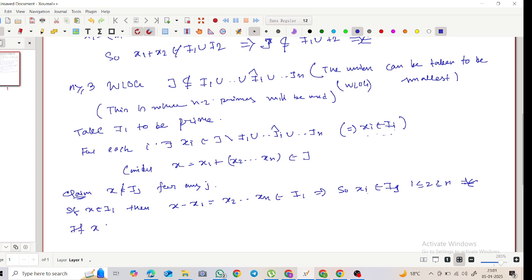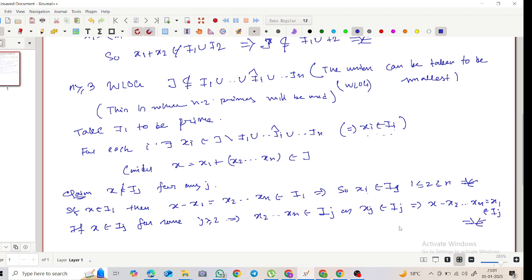And if x belongs to Ij for some j greater than or equal to 2, then it implies x2 dot dot dot xn belongs to Ij, as xj is in Ij, which implies x minus the product x2 to xn, which equals x1, is in Ij, which is again a contradiction because x1 is in I1 only.